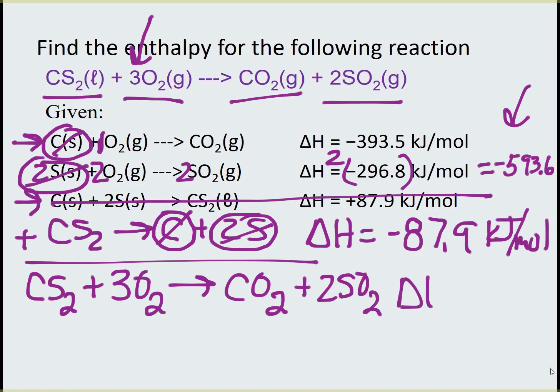So my final answer is, let's add those up. They are all negative, so I have a negative 1,075 kilojoules per mole for this equation. So this target equation up here would have the same.